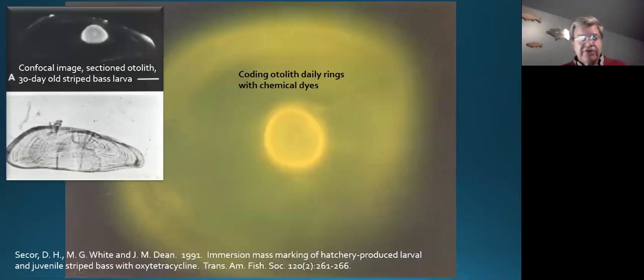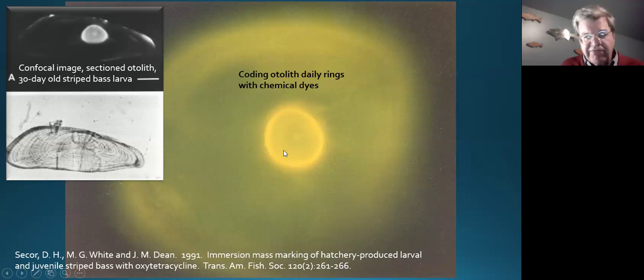Besides the daily rings in otoliths, and here's a 30-day-old striped bass, you can see the daily rings, I had another trick up my sleeve. As part of my PhD, I figured out how to mark millions of larvae by dunking them in tetracycline, which leaves a mark on their otoliths. So I would immerse, say, 5-day-old striped bass larvae in these tetracycline baths, and I would mark them, and then I would grow them out.